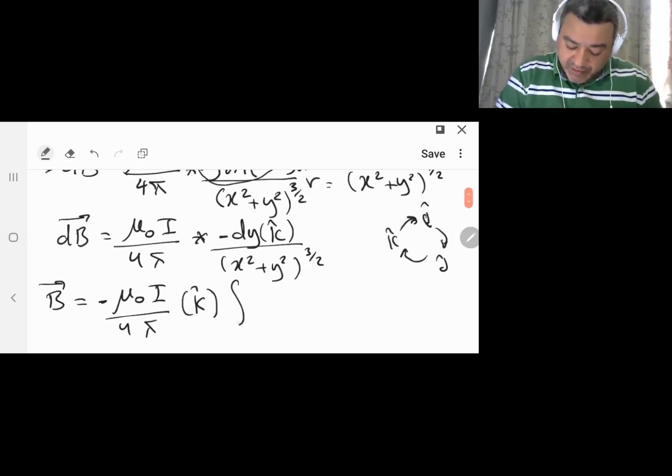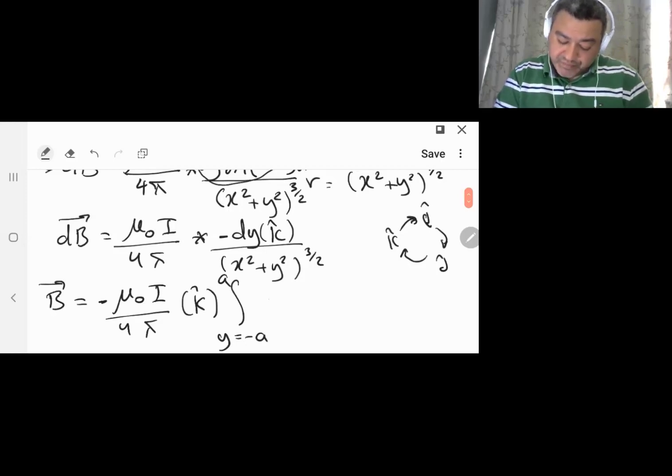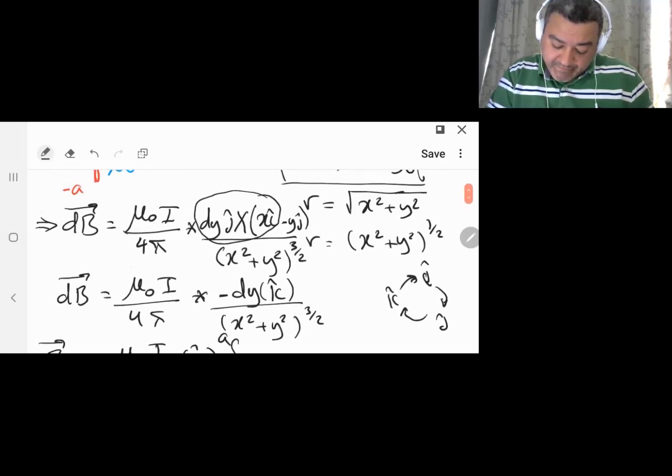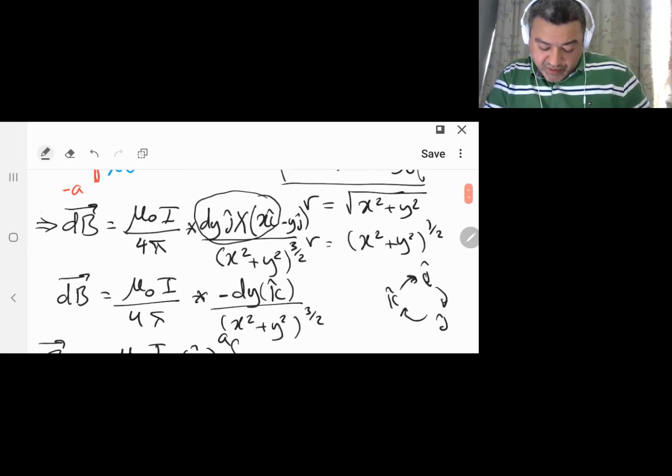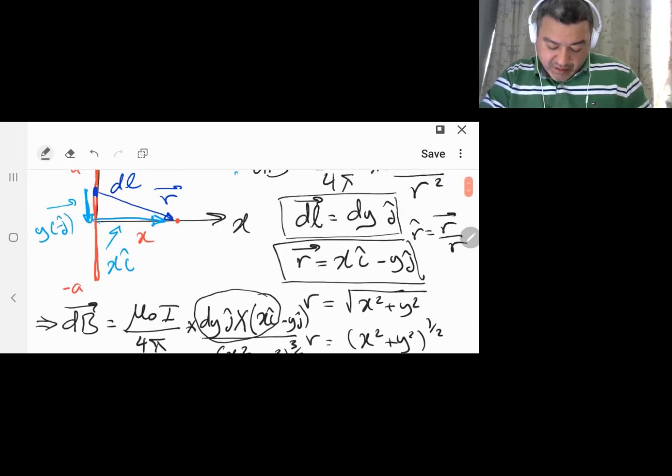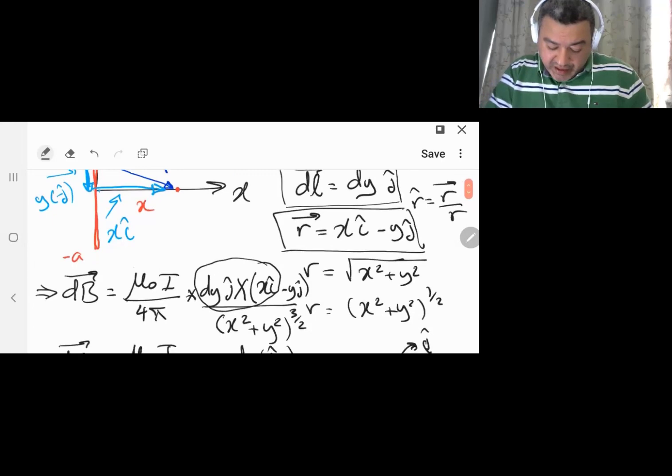And I have now the integration from y equals minus a to a for, oh, yeah, we forgot, where's the x here?